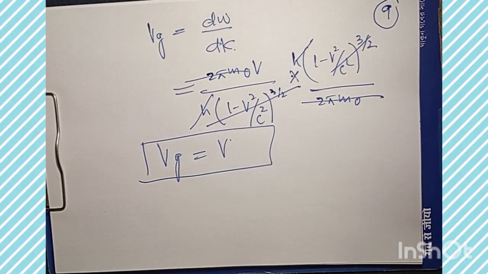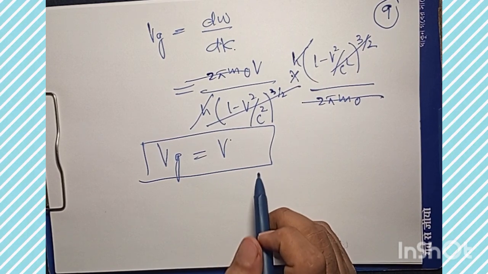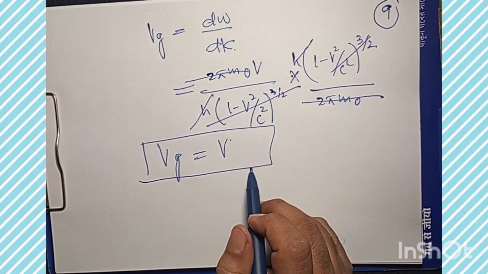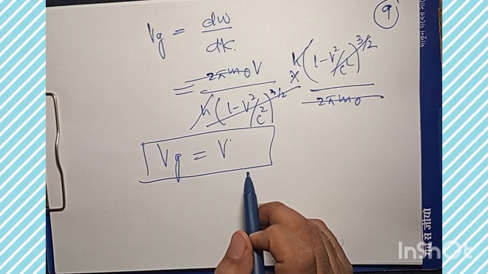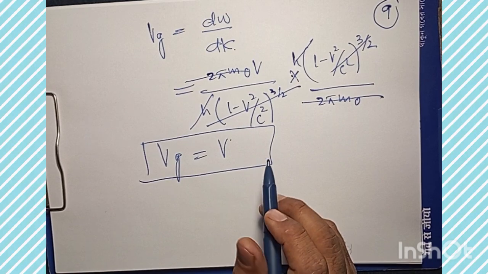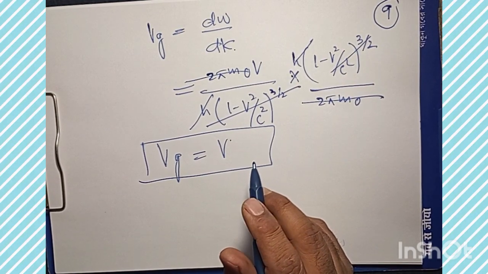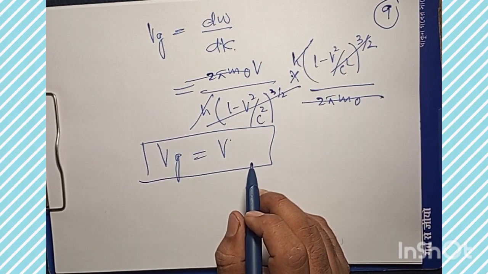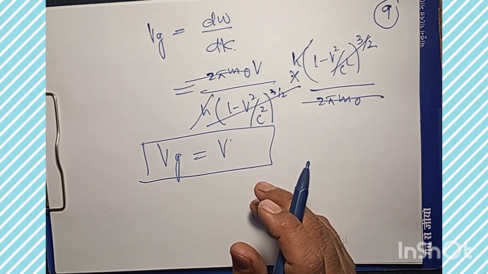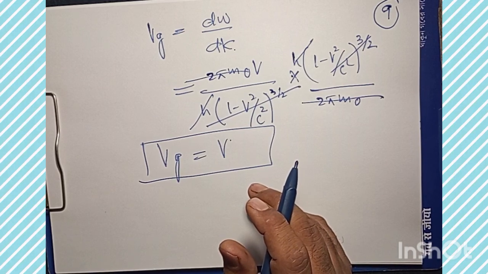Now see, what we have concluded here is that the de Broglie wave group associated with the particle travels with the same velocity as that of the particle itself. This is not the case that was seen in the case of phase velocity, where the wave could be seen away from the particle.